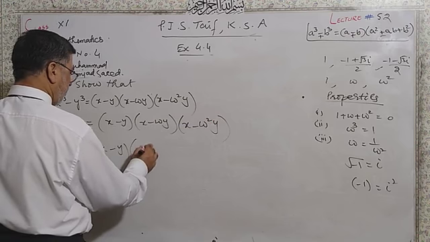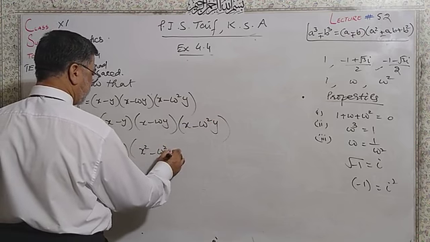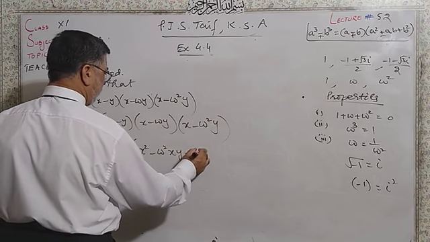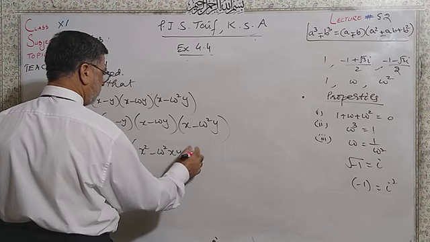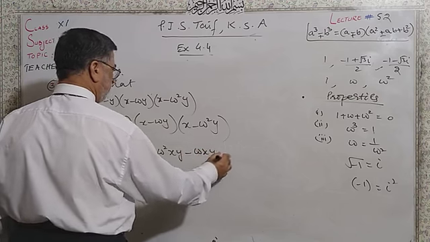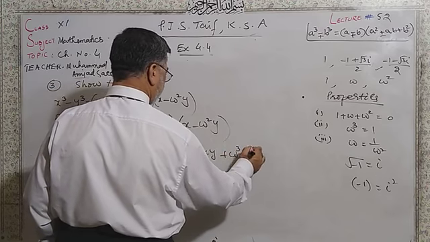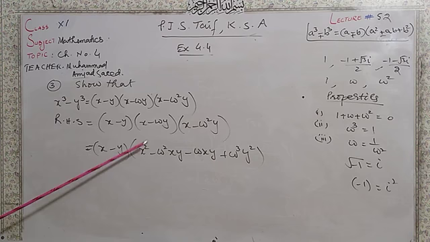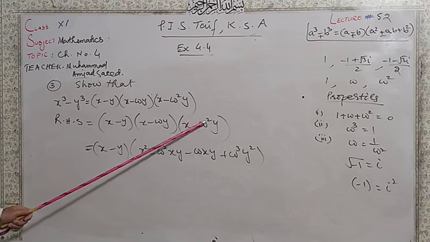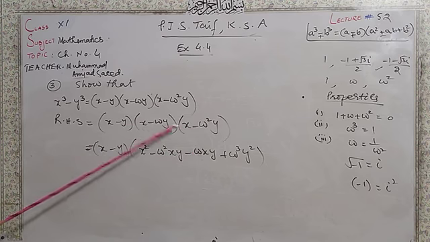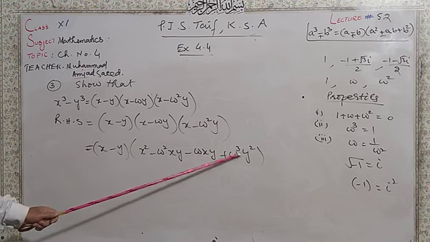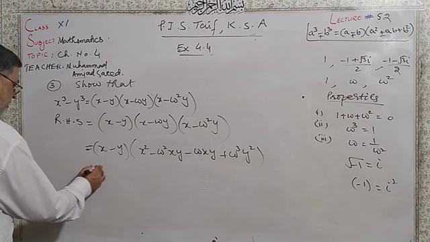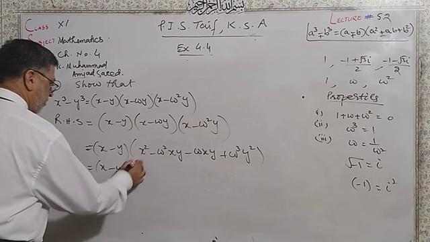Here will be x square minus omega square xy minus omega xy plus omega cube y square. First you take x and multiply by x, then x with this omega square y, then omega y by x, omega xy, and then minus minus plus omega cube y square.